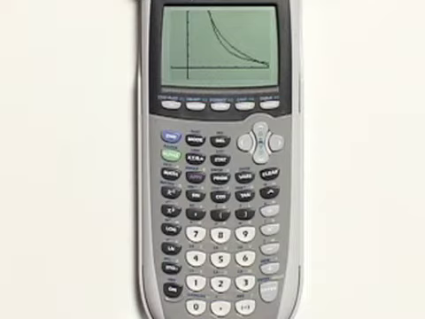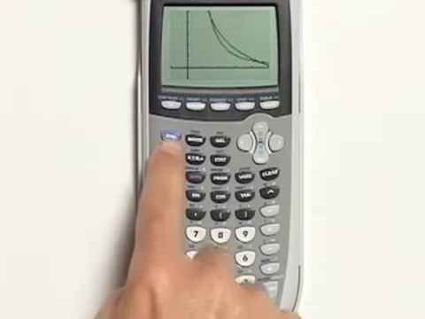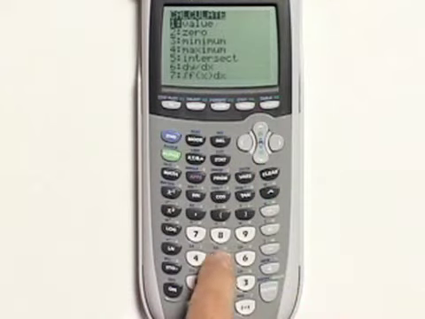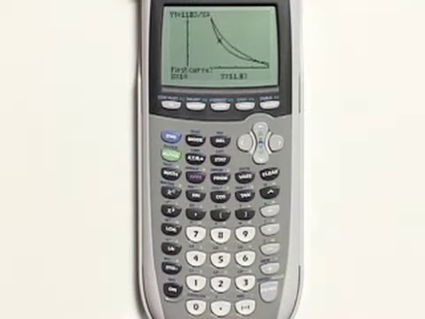To find both points of intersection, we use second calc number 5 for intersect, and it's asking, is the first curve y sub 1? And the answer is yes, so press enter. It's asking if the second curve is y sub 2. The answer is yes, so press enter. And now it wants us to guess the answer, primarily because it wants to know, do we want the one that's to the left or the one to the right?